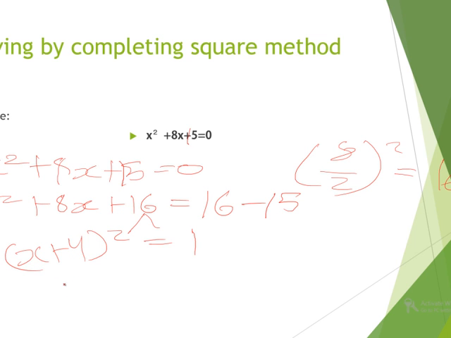Then we will get rid of the square, so we'll root this and then square that side, so it'll be x plus 4 is equal to plus and minus 1, so x is equal to 1 minus 4 or 1 plus 4. Negative 1 minus 4.